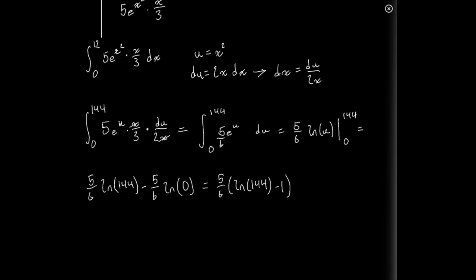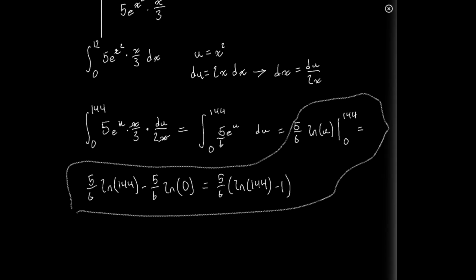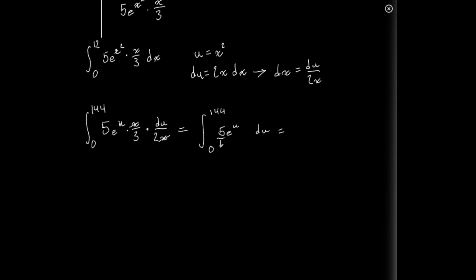Alright, I actually made a complete fool of myself here, so this is not right, because the integral of e to the u is not ln u. It is going to be just e to the u. Both the integral and the derivative are exactly the same. So we have 5 over 6 times e to the u, and actually let's get rid of that because we're taking the integral now, from 0 to 144.